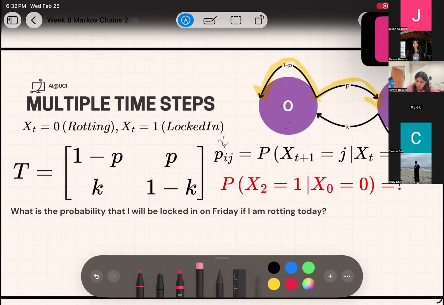We started off here. No matter what happened on that middle day, I could have been here, still locked in. I could have already been rotting. I ended up here. This was my destination.